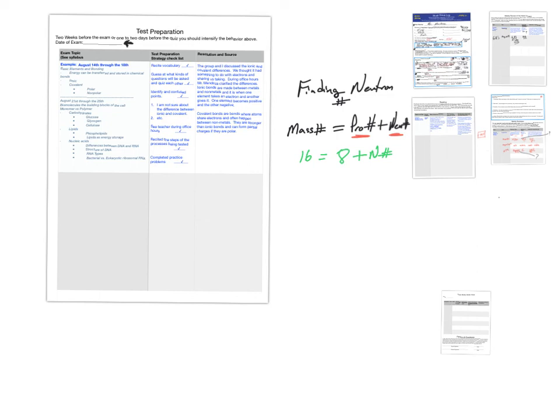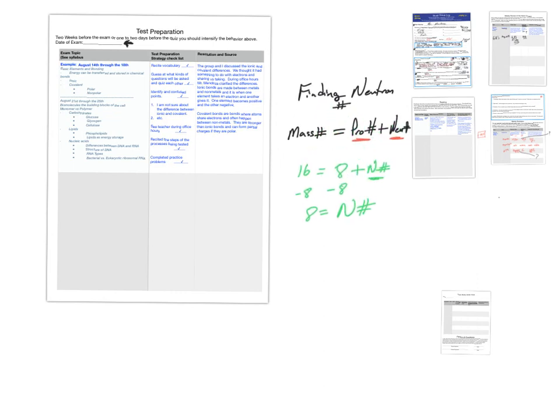Well, how do you get neutron number by itself? You subtract 8 from both sides. And so the most stable form of this element has 8 neutrons.